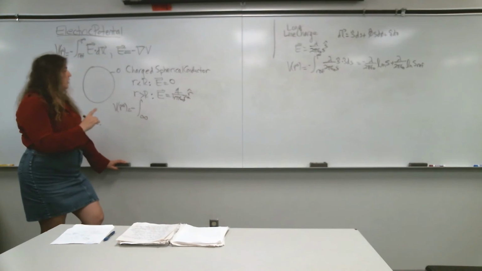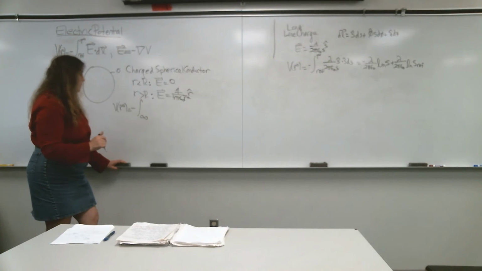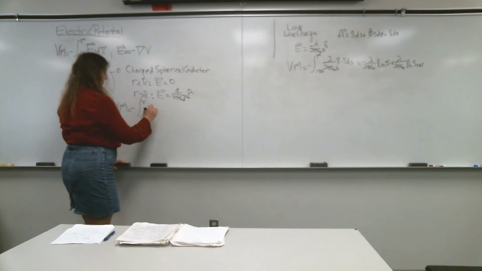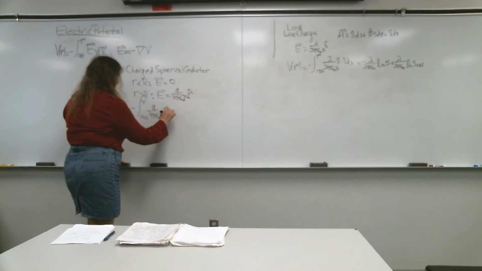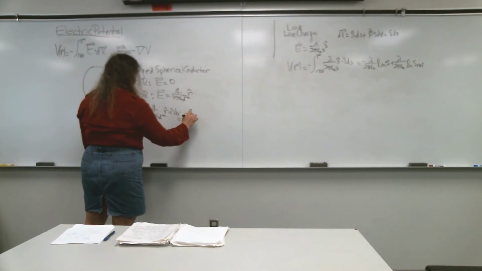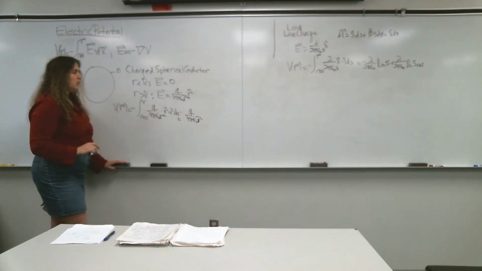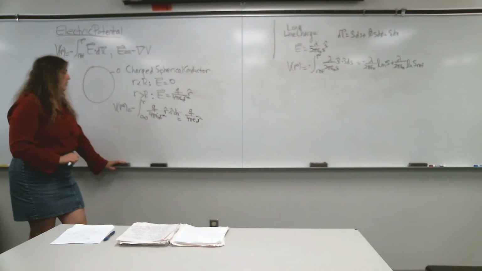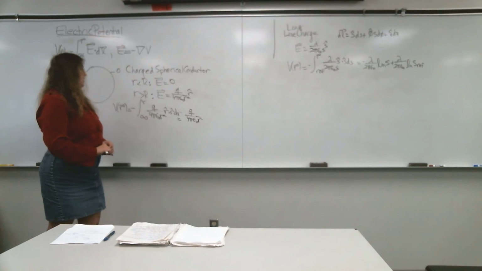In this case, it's useful to take my reference with respect to infinity. That leaves me with Q over 4 pi epsilon naught r, and once again, the only thing that matters is the distance from the center.